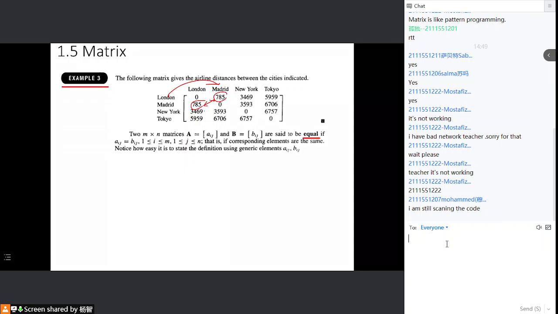So the matrix is symmetric. And the main diagonal is equal to 0 because for any city to itself, the distance is 0. So this example represents a symmetric matrix.